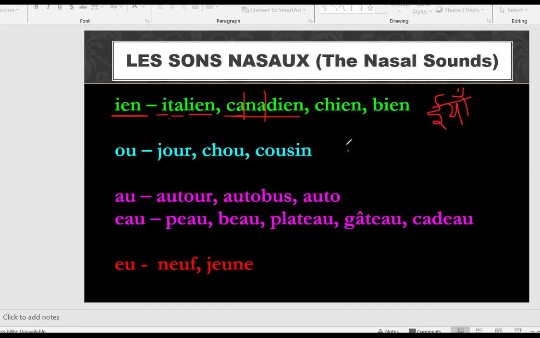So in French, if you remember last class, I specifically told that these three letters A, E, and I, English में बोल रही हूँ, the sounds to these are very important. So A is A, E is A, है ना, अनार वाला, and I is E, like this. So it is not Canadian, it is Canadien.